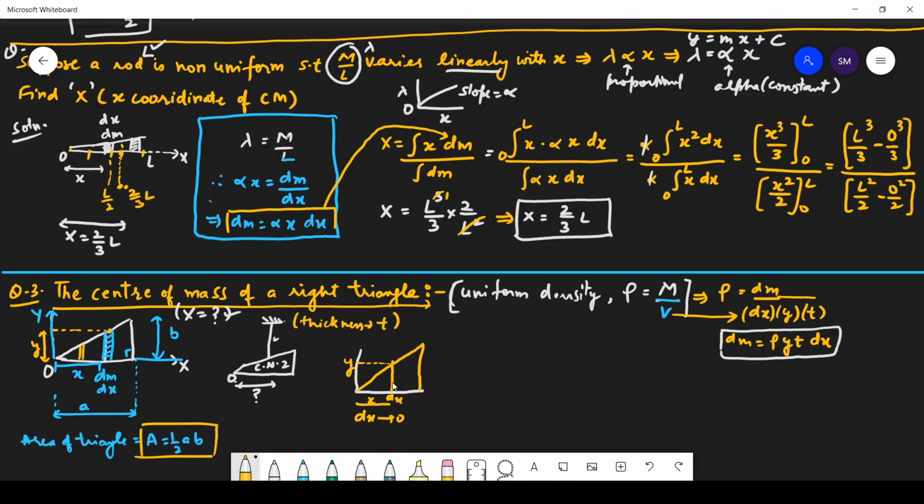What is the volume of this strip, of this mass dm? Of course it is length into breadth into height. The length is y, the width is dx, and the height is the thickness t. Got it?